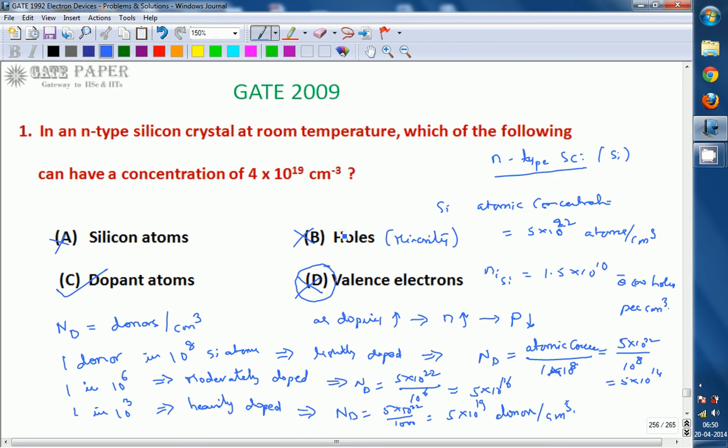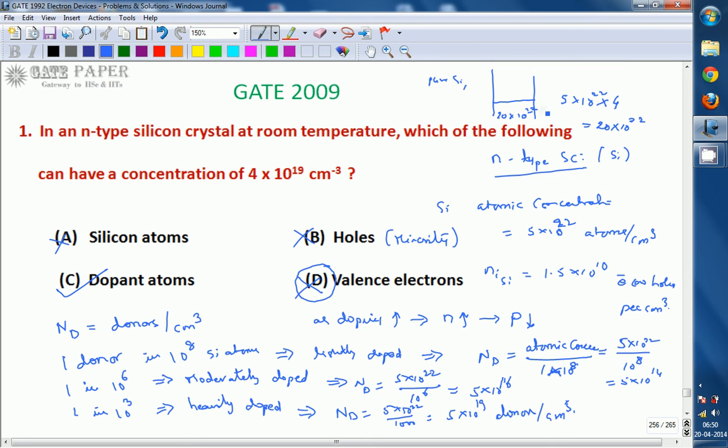If you observe, 5 into 10 power 22 atoms is the atomic concentration of silicon. In pure silicon the number of electrons and holes are the same, and generally we go with all the valence electrons. Each atom consists of 4 valence electrons. So with 5 into 10 power 22 atoms, each consisting of 4 valence electrons, it will be equal to 20 into 10 power 22 valence electrons.